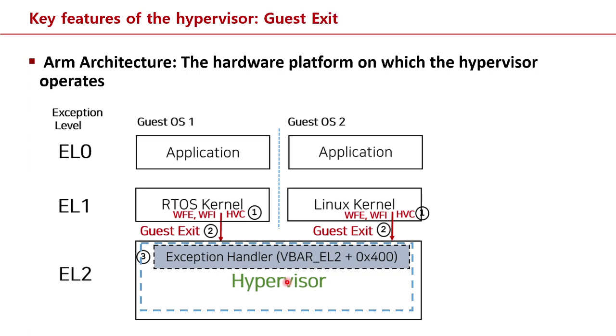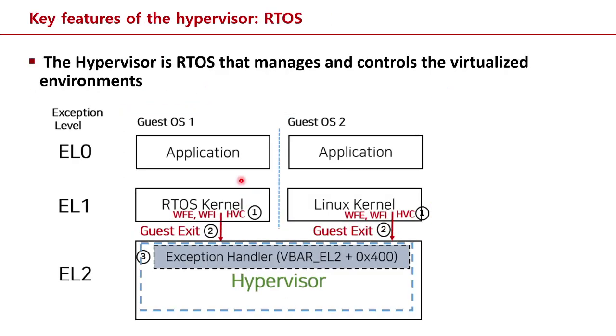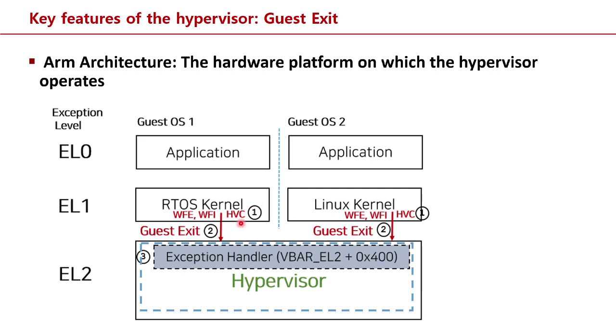Another thing you have to remember is the ARM architecture. ARM architecture is one of the most important features of the hypervisor, just like I mentioned in this slide. The HVC assembly instruction and the WFI and WFE assembly instructions are introduced by ARM architecture. Another feature supported by ARM architecture is the virtual interrupt.